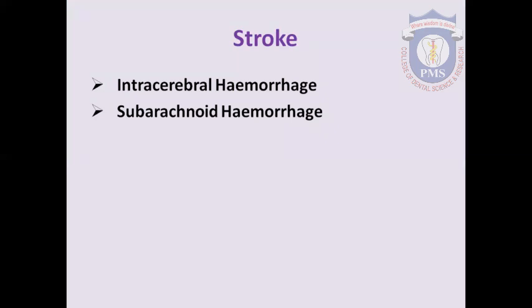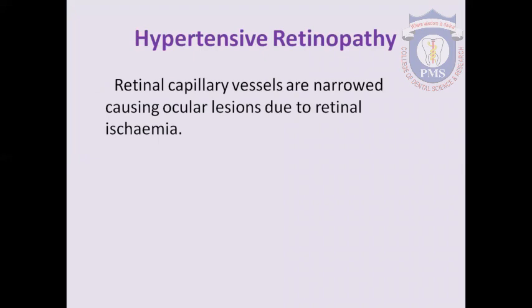Stroke, which includes intracerebral hemorrhage, mainly caused by hypertension, and subarachnoid hemorrhage. Hypertensive retinopathy. Retinal capillary vessels are narrowed, causing ocular lesions due to retinal ischemia.